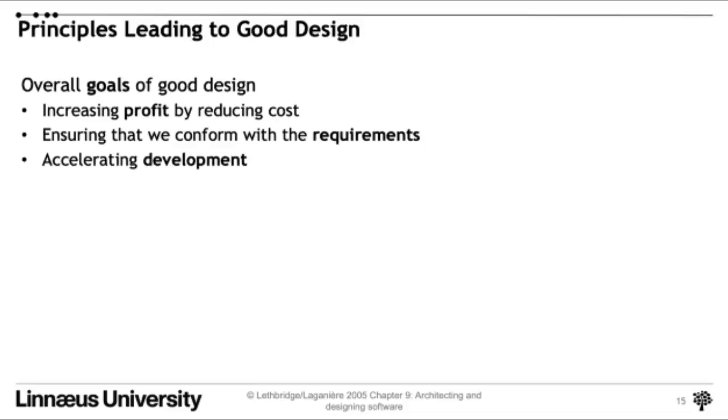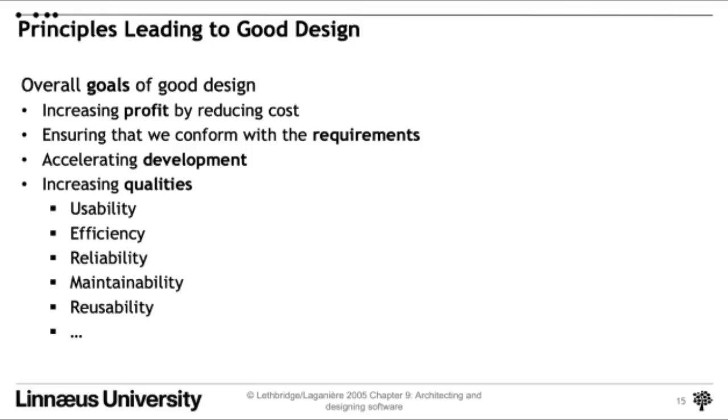This can accelerate the development because once you have a design document which clearly states all the design choices that have been made, the developers can easily follow the design and implement the system itself. And this also allows us to increase a lot of qualities. There are principles leading to good usability, efficiency, some very good for reliability, some very good for maintainability and reusability.